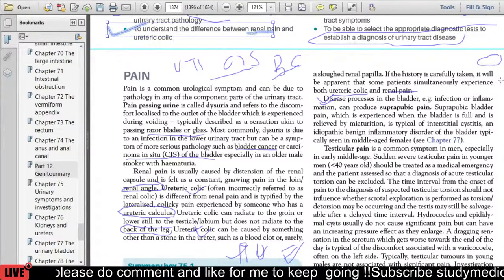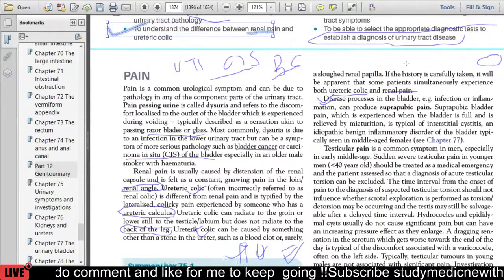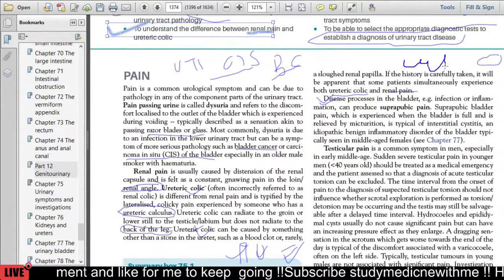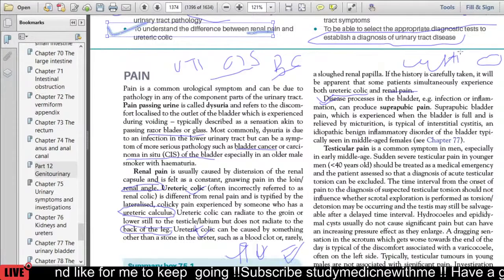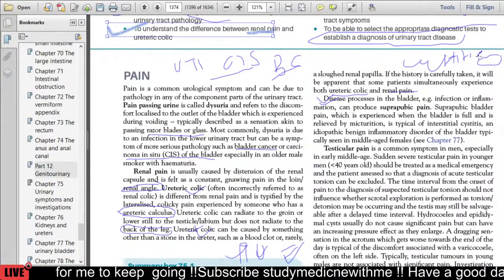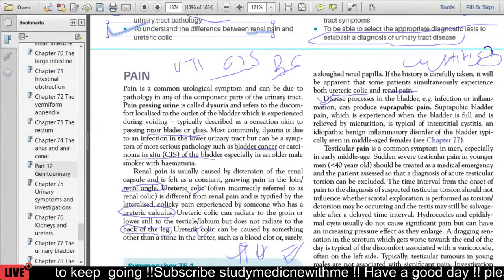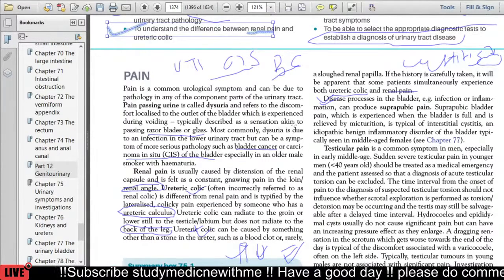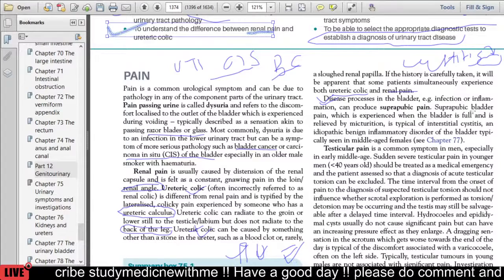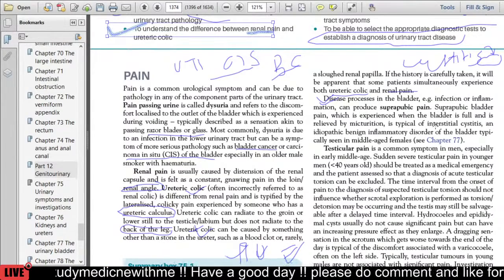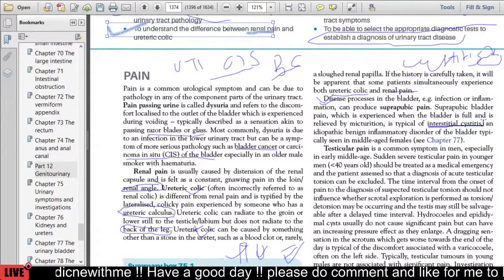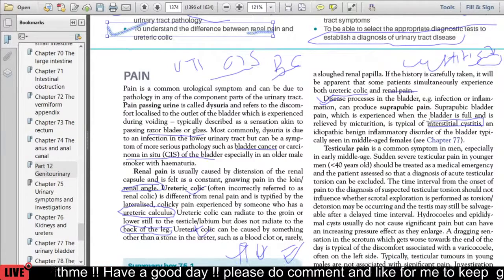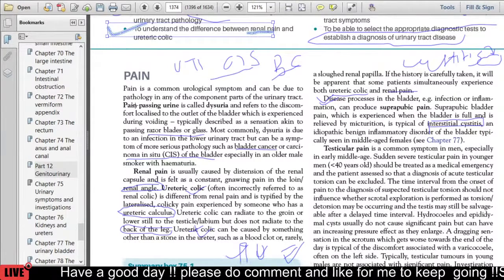Cystitis is inflammation of the urinary bladder. So the term cystitis is given for infection of the urinary bladder. So let's suppose this is a urinary bladder. We talk about interstitial cystitis. Up to now we have talked about pain, different types of pains.